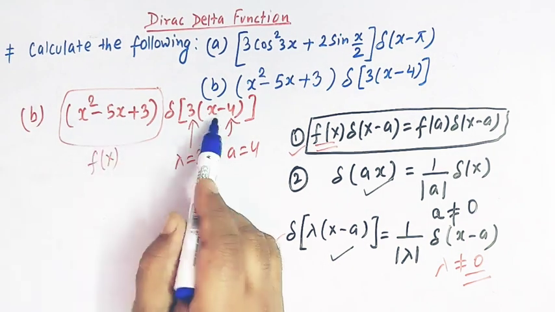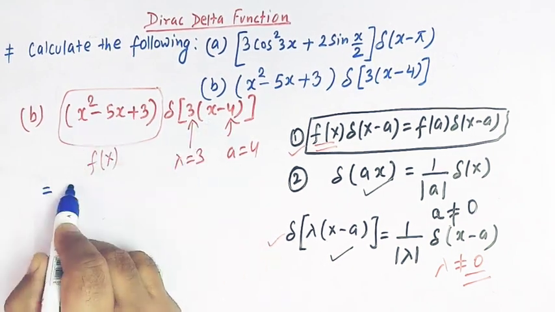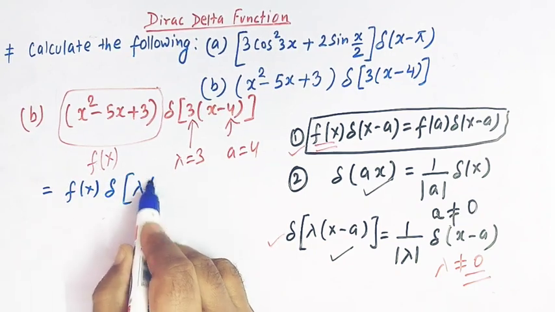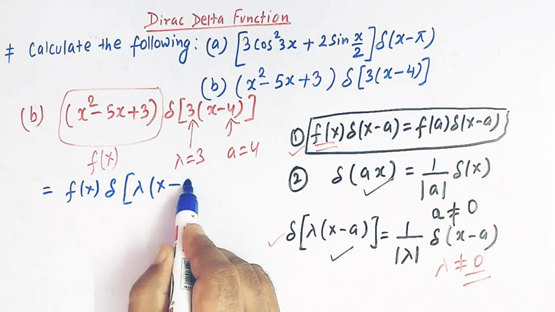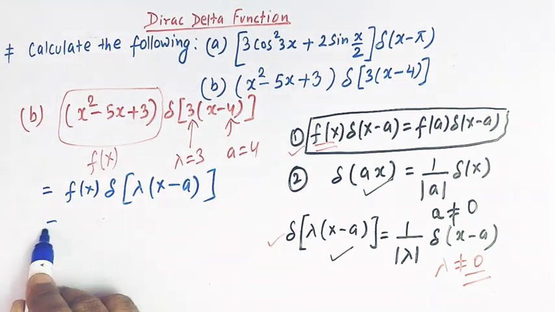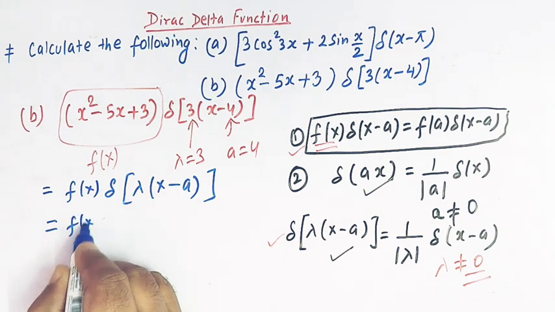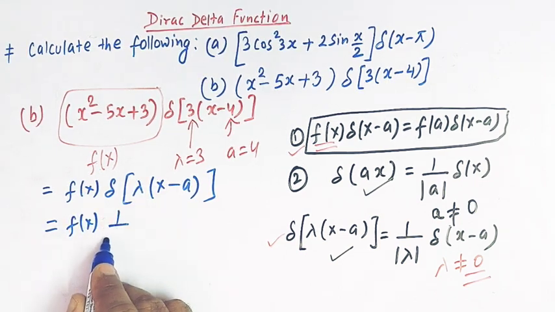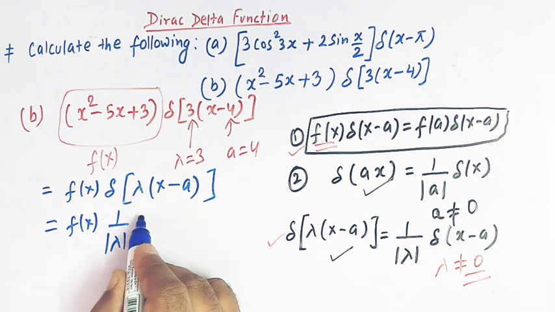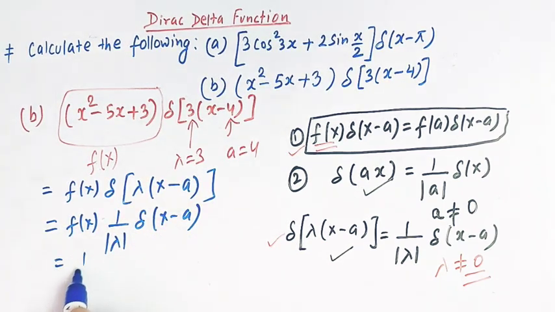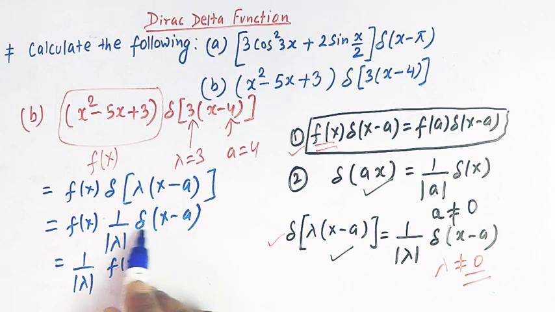Now this expression can be written as f of x times delta of lambda times x minus a. Using this property, we can write this as 1 over the absolute value of lambda times f of x delta of x minus a.